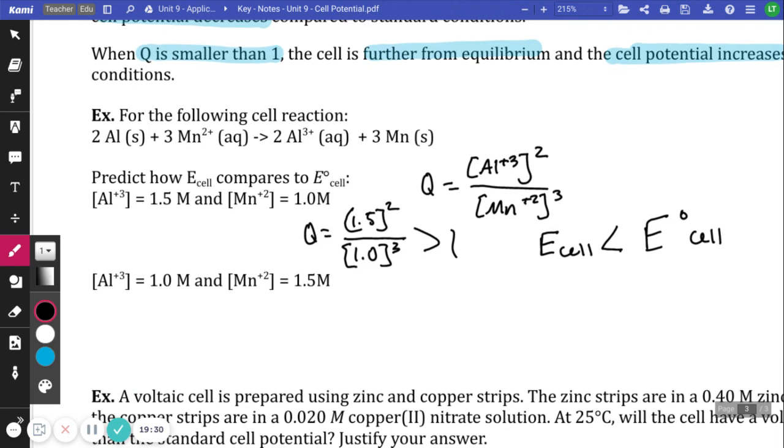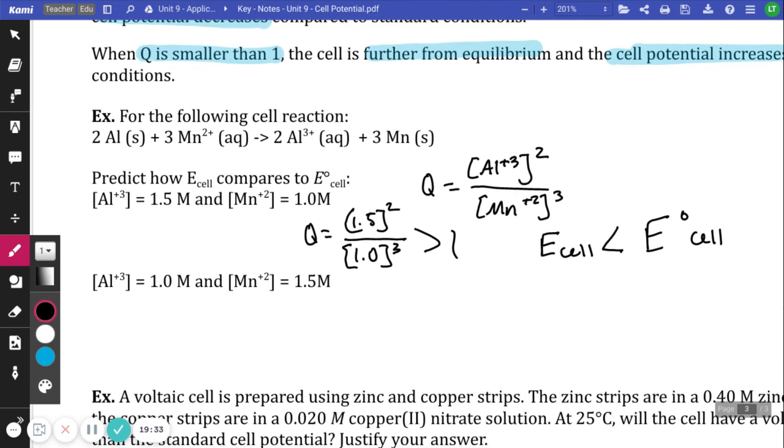So for our second one, we have, again, our Q value. It's the same equation. So our Q value here is 1 molar of aluminum over 1.5 molar manganese raised to the third power. So here, again, I have 1 over not 1.